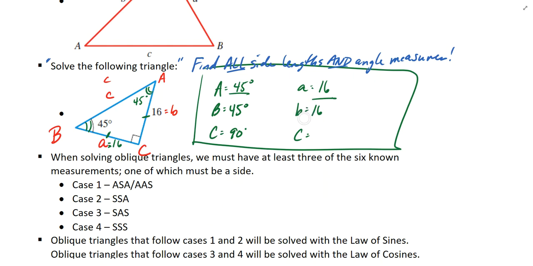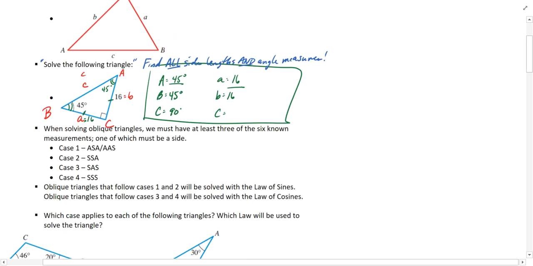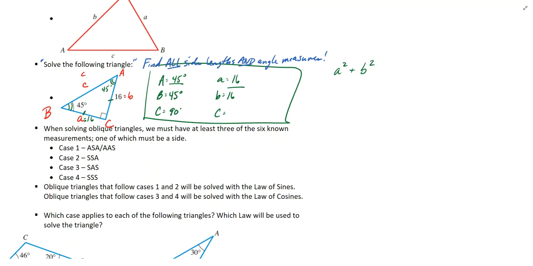So finding side length c, we've got a couple different options here. We can use right triangle trigonometry with sine, cosine, or tangent, or we can use the Pythagorean equation. We haven't used the Pythagorean equation lately, so I'll go ahead and use it here. Recall that the Pythagorean equation states that the sum of the squares of a right triangle's side lengths is equal to the length of the hypotenuse squared.